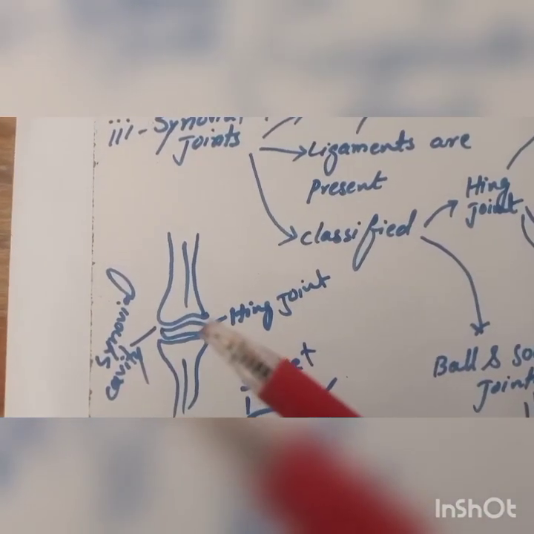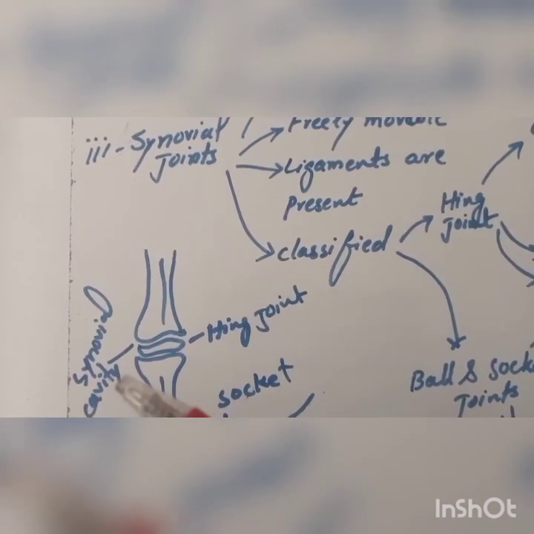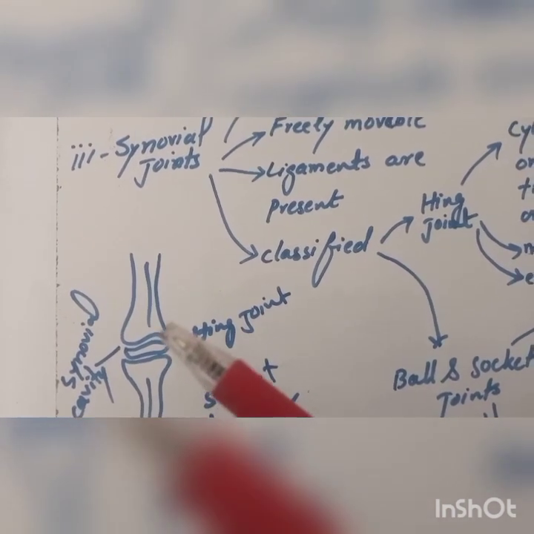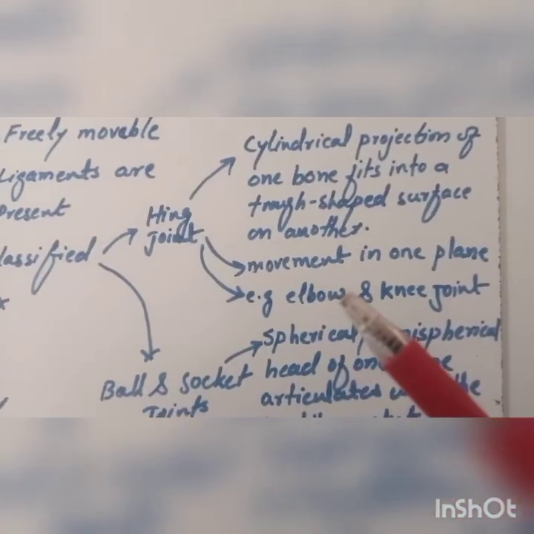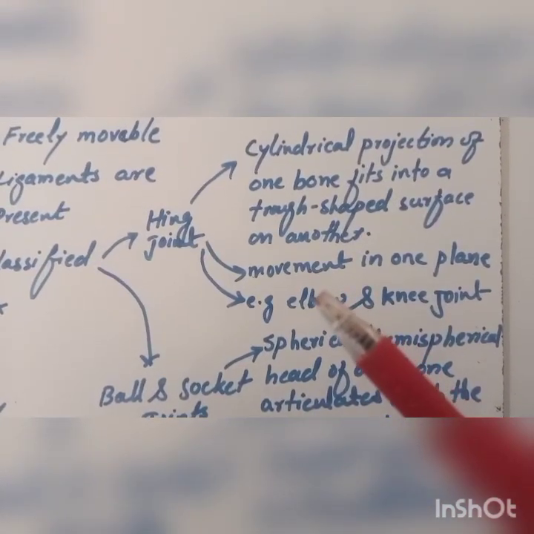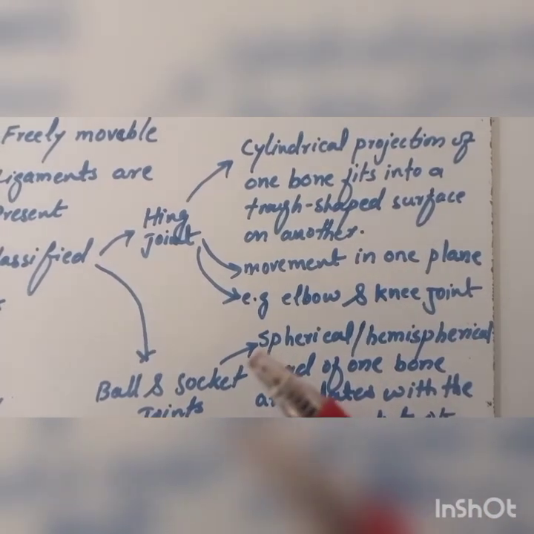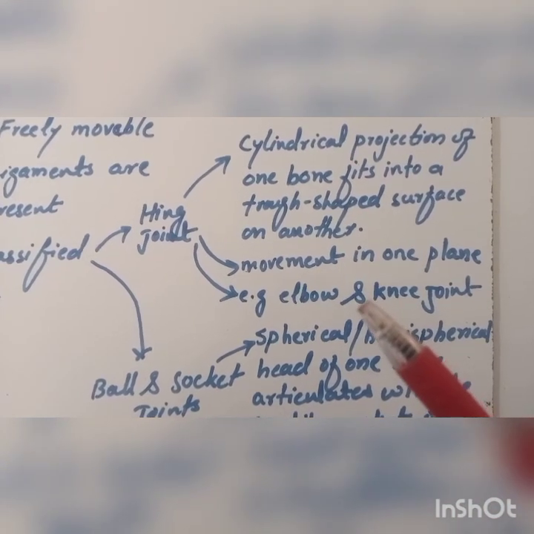Look at the figure. Here the synovial cavity is present and this is the hinge joint between the two bones. These joints allow movement in one plane and are present in the elbow and knee.